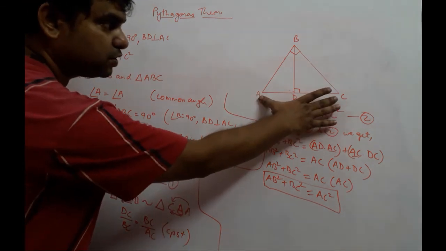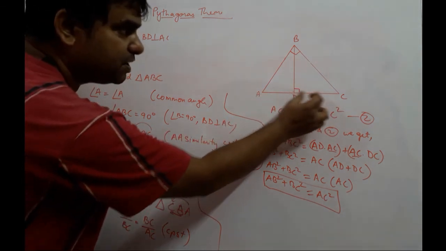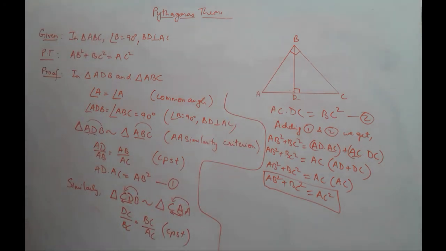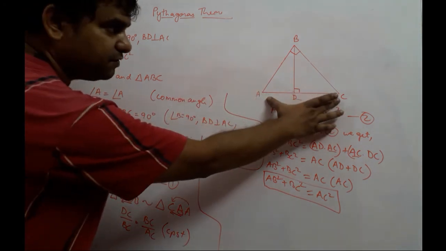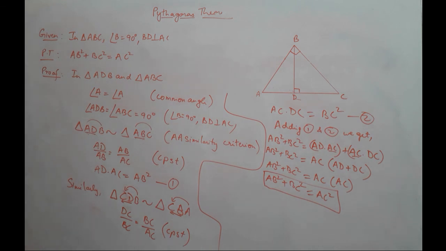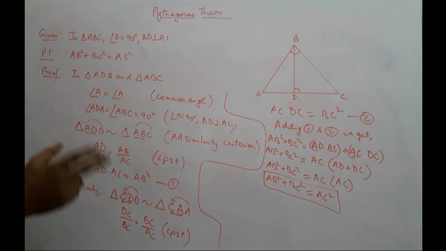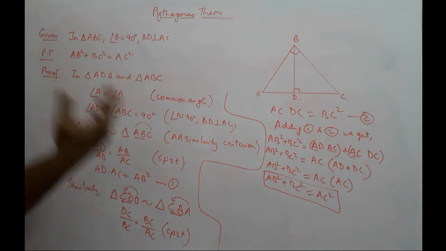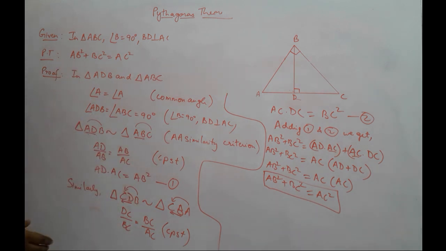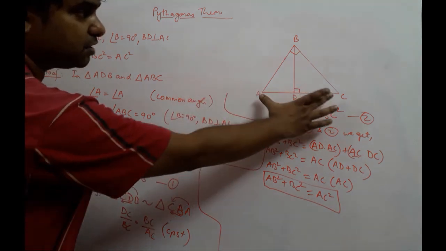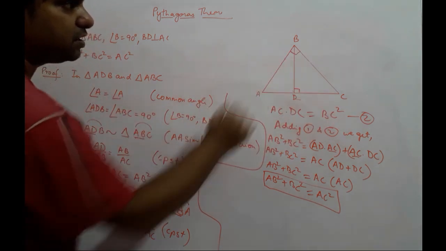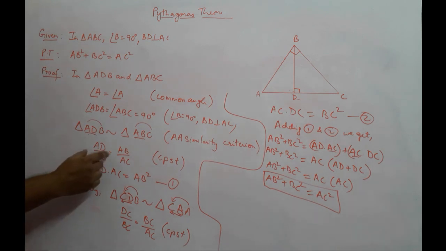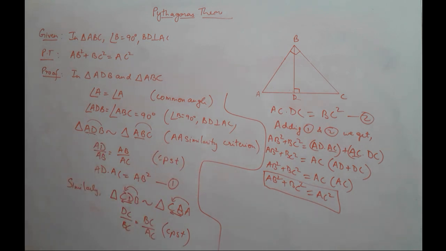So I could take out the whole side as common to both, and I got AD plus DC, which added up to AC, and when AC multiplied with AC, we got AC square, the third side, the longest side, the hypotenuse. So remember, for the sides other than the hypotenuse, we need to get their squares in the first and second equation. So if it was PQR or XYZ, first determine which one is your hypotenuse. Remember, the hypotenuse is always opposite to the right angle, and that's how you solve this particular problem.